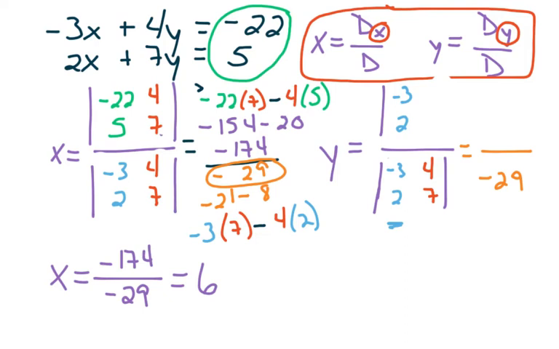It's the y values, which are the 4 and the 7, and I once again will replace those with my constant values. The y's are the second column. The x's were the first column, so when I was solving for x, I replaced the first column. I'm now solving for y's, so I replace the y's.